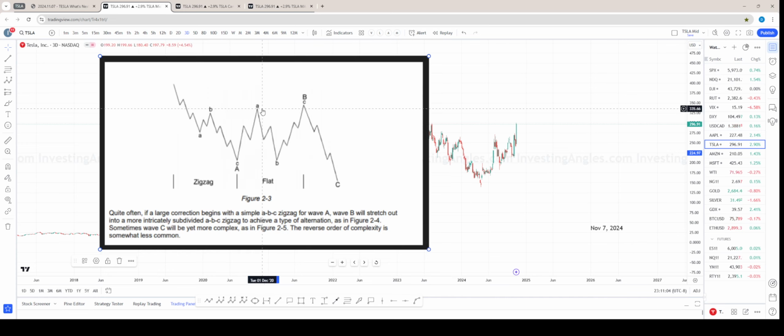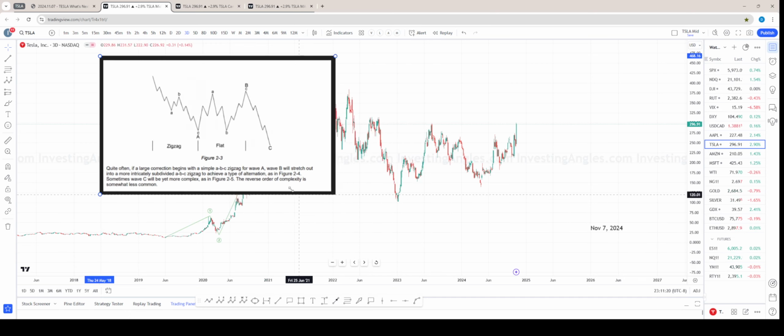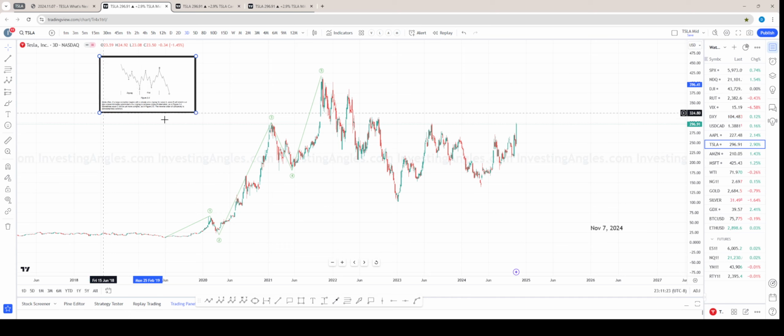This is a big correction, and usually it's a complex one. So it starts with a zigzag, then it goes into a flat ABC, and then it ends with an impulsive way down. If we look at the correction that started in 2021, we can see something similar.